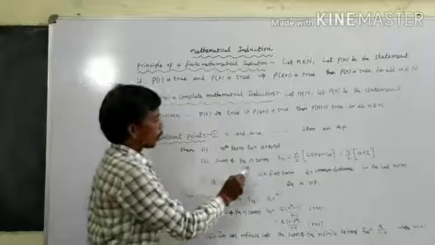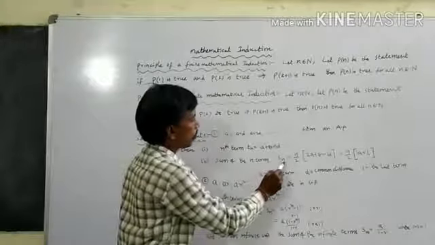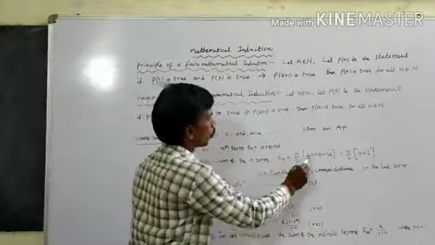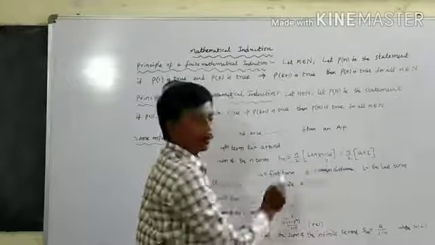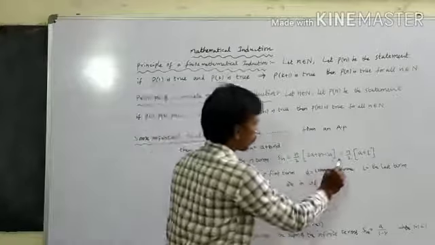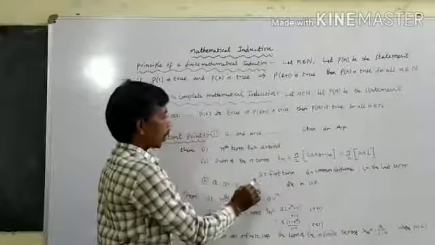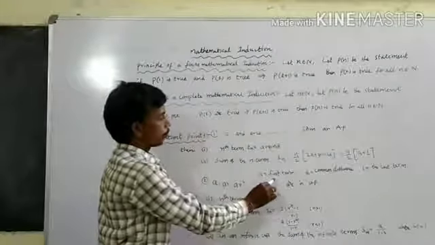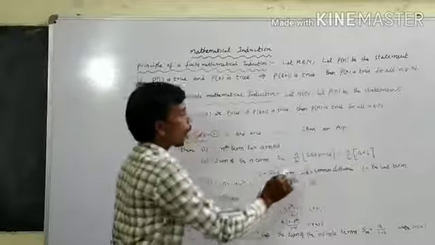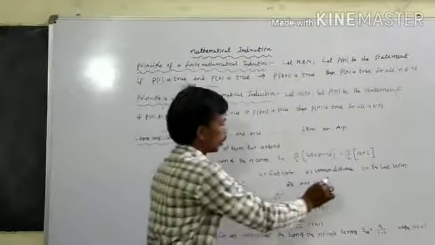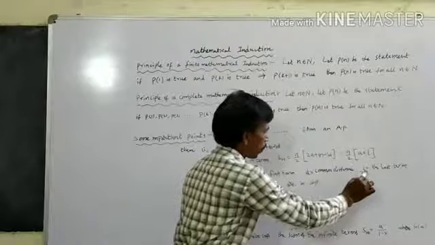Second, the sum of n terms, Sn equals n by 2 times (2a plus (n minus 1) d), that is equal to n by 2 (a plus l), where a is the first term, d is the common difference and l is the last term.